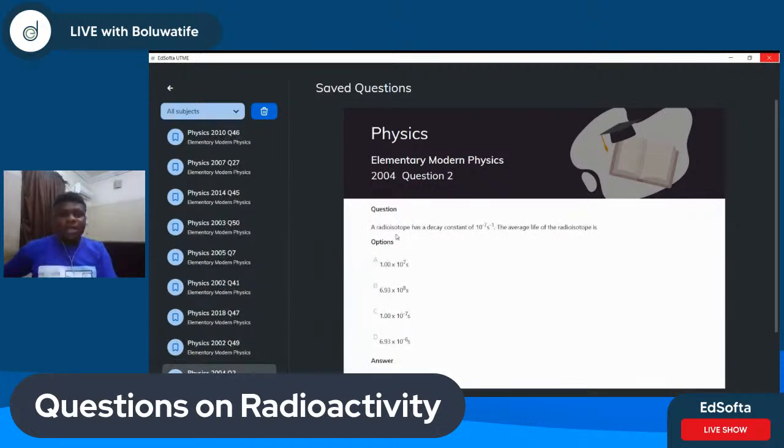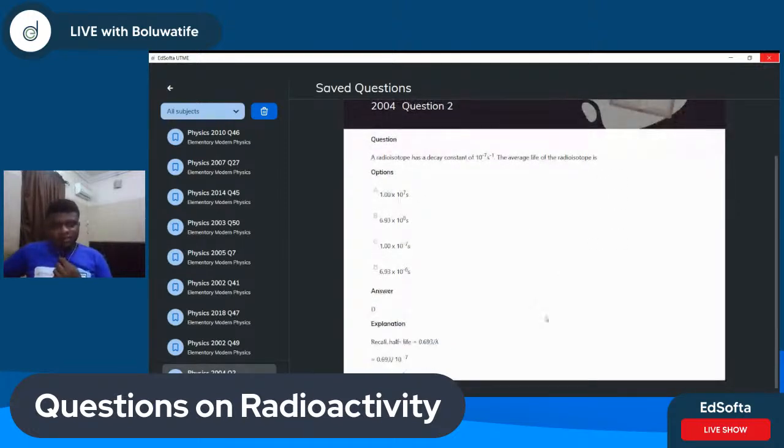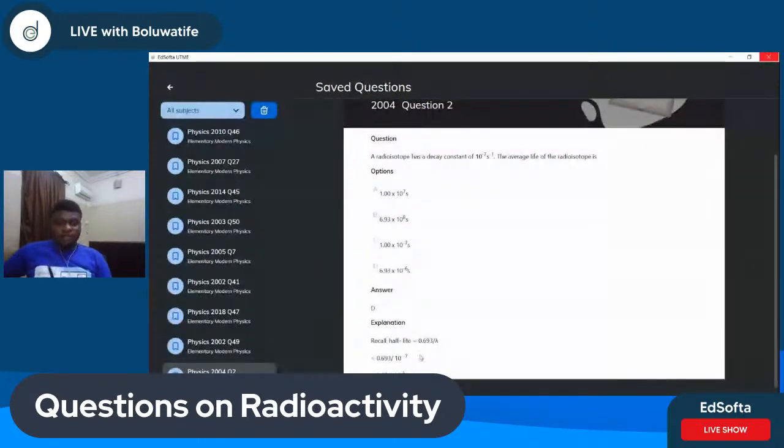Okay, look at this now. A radioisotope has a decay constant of 10 to the power minus 7. The average life of the radioisotope is, average life same as half-life. So what you simply do is 0.693 all over 10 to the power minus 7. And when you do that, you get what?